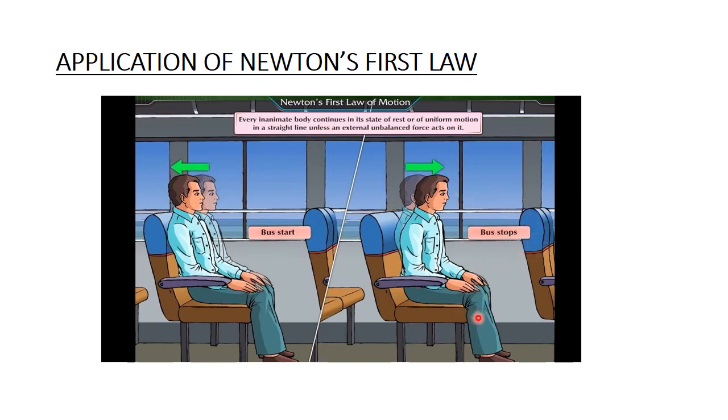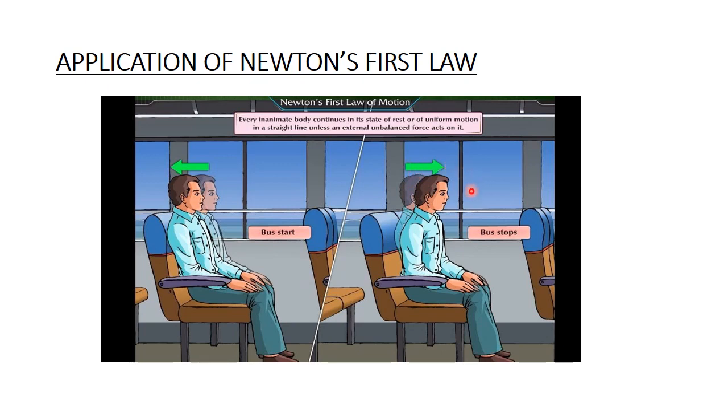The passengers are sitting on the moving bus, and their feet are attached to the floorboard of the bus, and the bus is moving in the forward direction. Now, if the bus stops suddenly, what will happen? The passengers move in the forward direction.